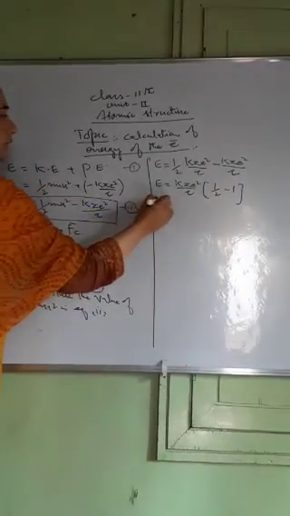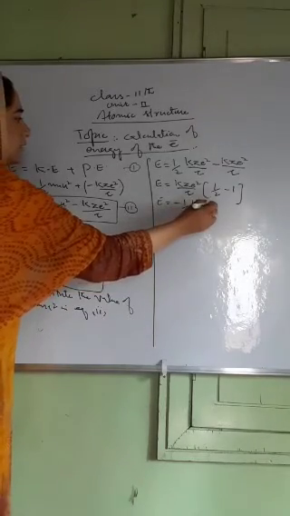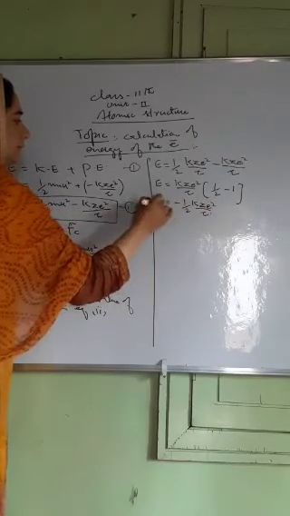So here you have E is equal to minus 1/2 k z e square divided by r.